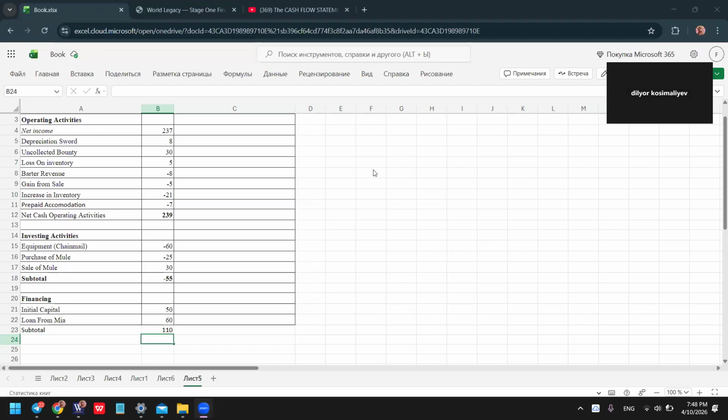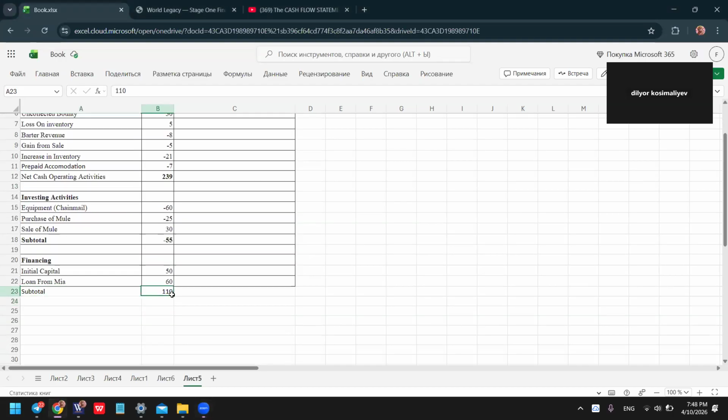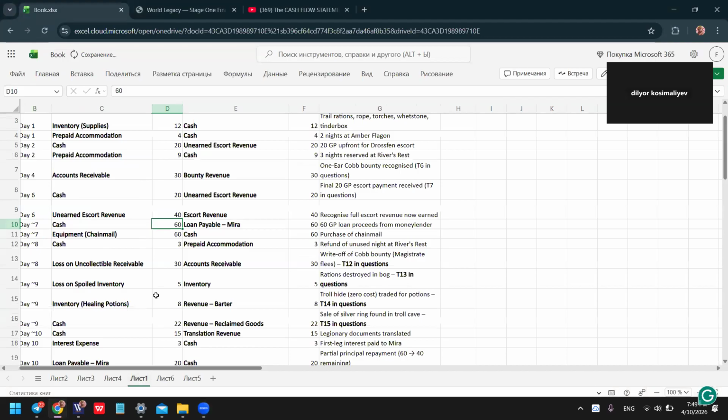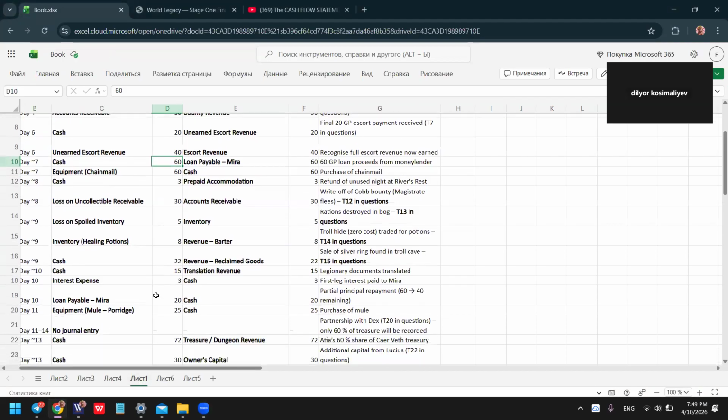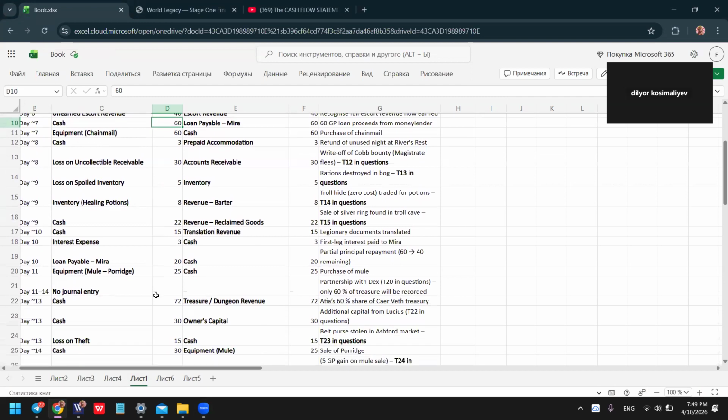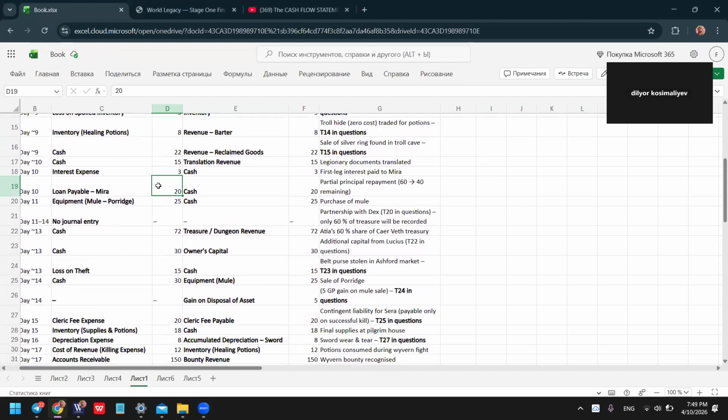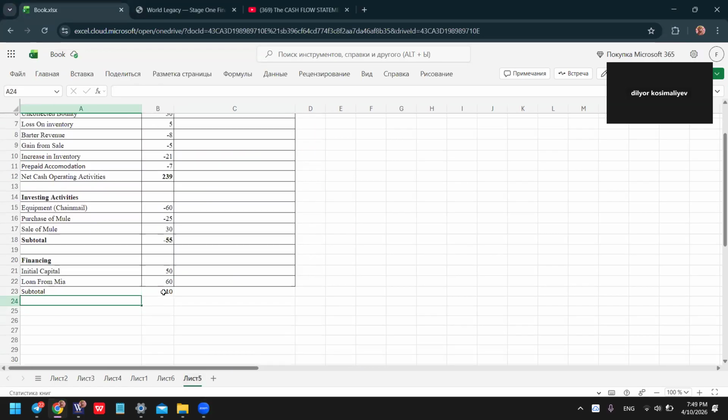So let's continue. Subtotal 100. But actually, we also paid off the loans, right? So it should also be recorded in financing activities when we pay off the loans that we get.